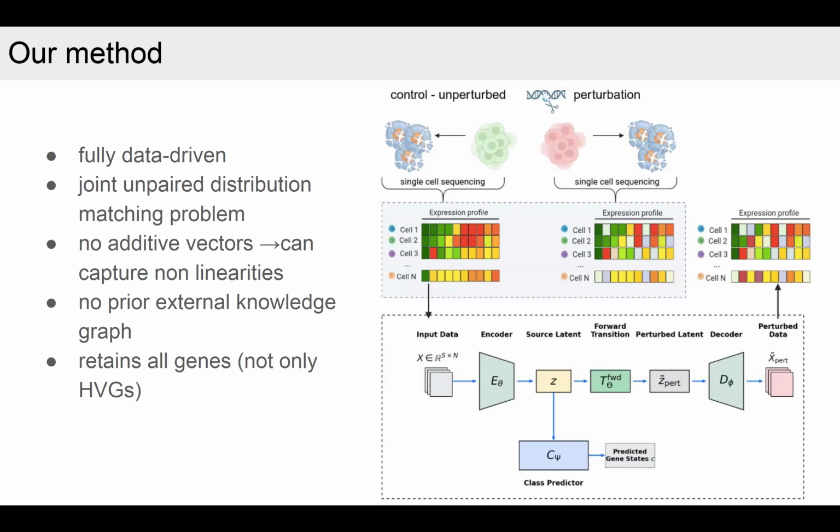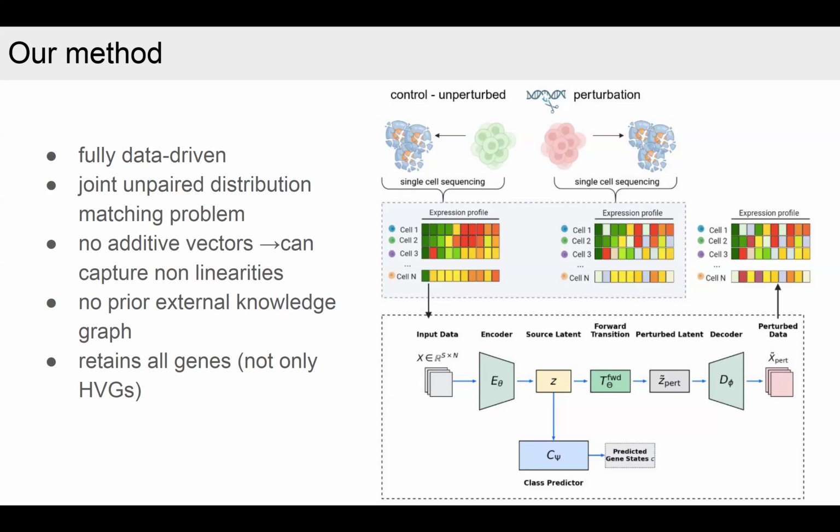And our method is coming here, which is a fully data-driven method. We are not discarding any genes which are not that highly variable, and we are not using any existing knowledge graphs or something like that.